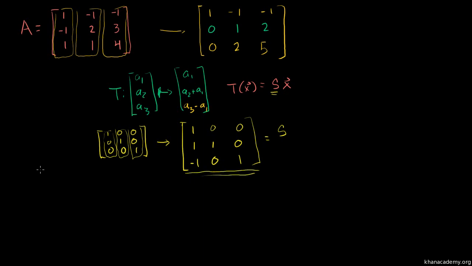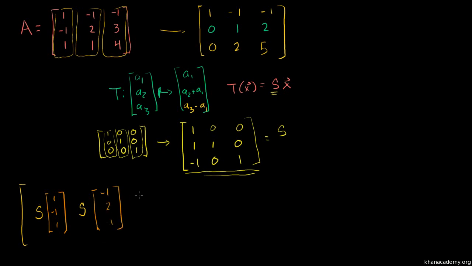So if we create a new matrix whose columns are S times this column vector, S times 1, minus 1, 1, and then the next column is S times this guy, minus 1, 2, 1.